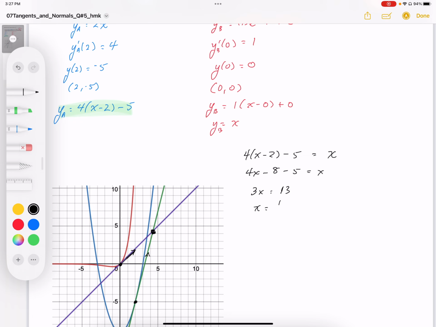And so the x coordinate is going to be 13 over 3. And then plugging it back into the equation, well, that's y equals x, so y equals 13 over 3 as well. Okay, so that would represent the coordinate of the intersection of those two tangent lines.